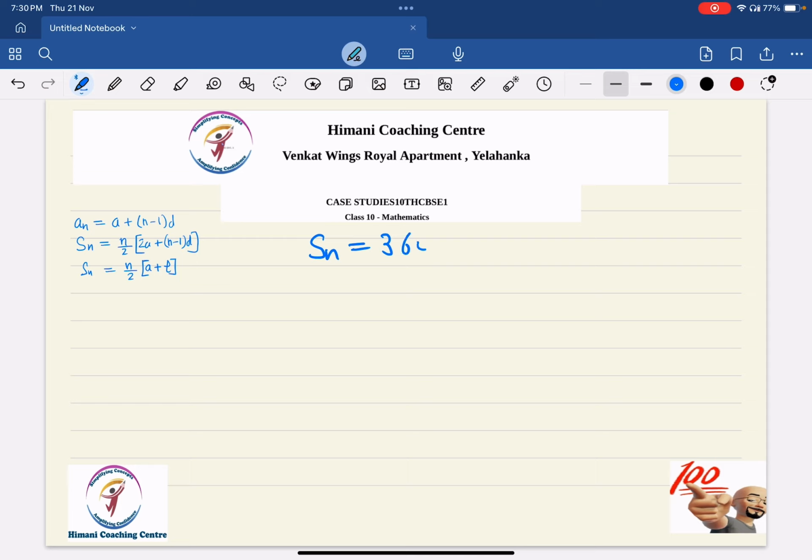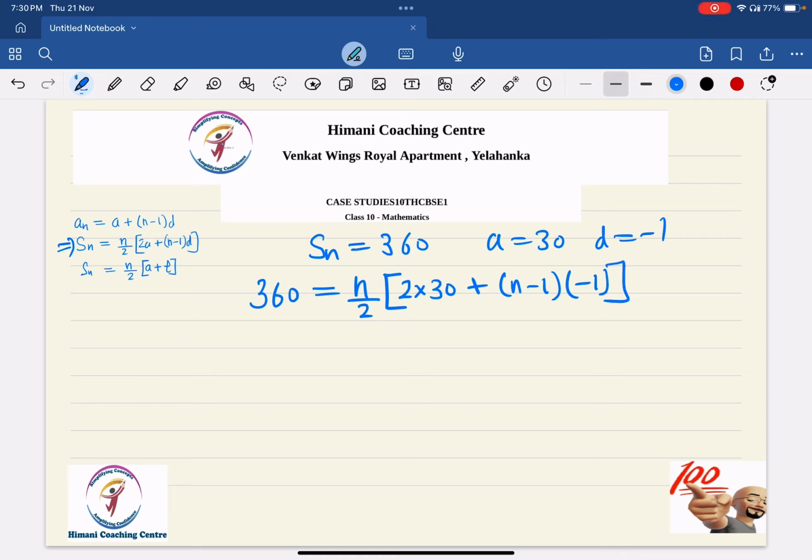Sn is 360, A is 30, D is minus 1, and we will use the formula Sn equals n by 2 times 2a plus n minus 1 times d. So put 360 equals n, which we want to find, upon 2 times 2 times 30, plus n minus 1 times minus 1.